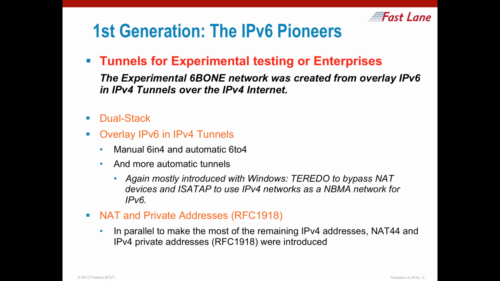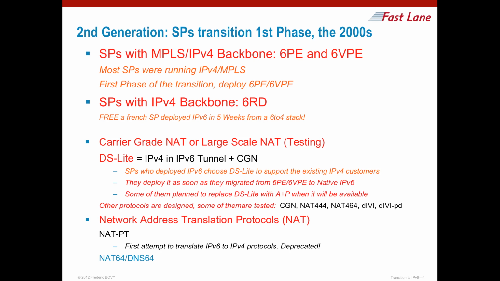And at the same time, NAT and private addresses permitted to extend the life of IPv4 for 20 more years. But it also broke a few things about the internet, like the peer-to-peer model, which was broken by NAT. So one of the goals of IPv6 is to get rid of NAT, which is a good thing.